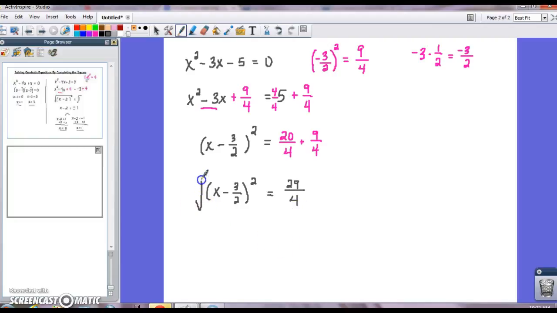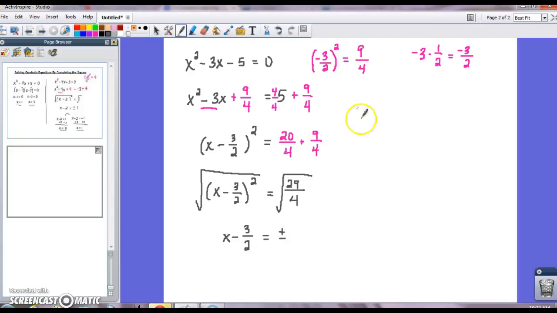You're going to take the square root of both sides. Remember, when you take the square root of something you squared, you just get back what you squared. So I have x minus 3 halves. Because I put the square root symbol in, I have to make sure I account for both cases, plus and minus.